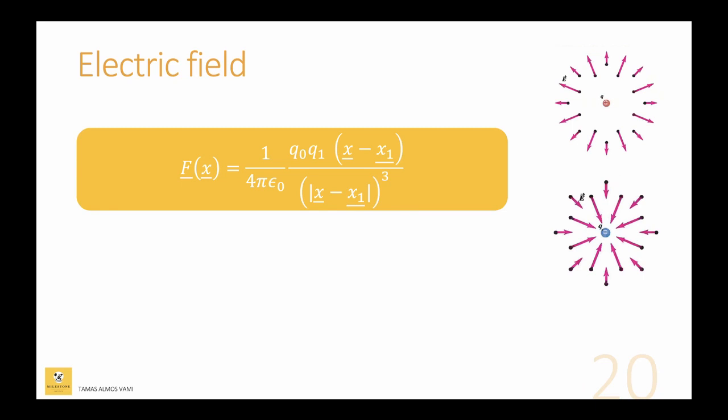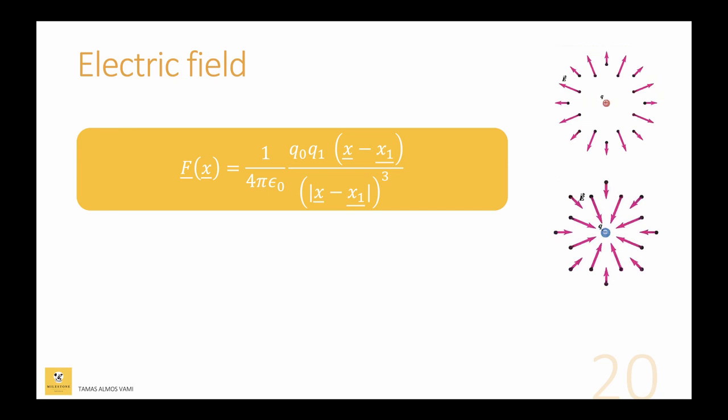And so the force, we discussed, has this vector formulation of 1 over 4 pi epsilon 0 times the charges. In this case, our charge is Q0, that was our test charge, multiplied by Q1, which is the original charge creating the electric field. And then you have this location between the two with this vector formulation.